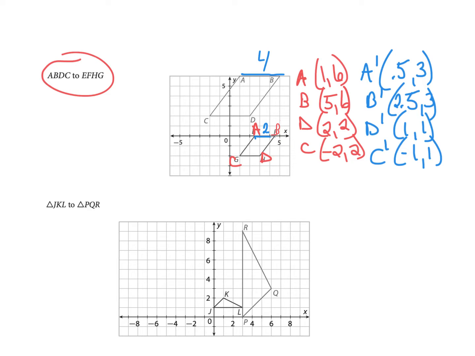So let's plot these. 0.5, 1, 2, 3. I'm going to put these in purple. 2.5, 3. D's at 1, 1. And C's at -1, 1.